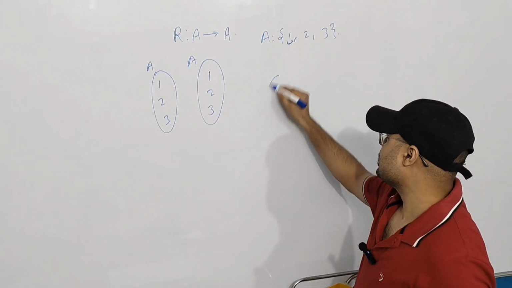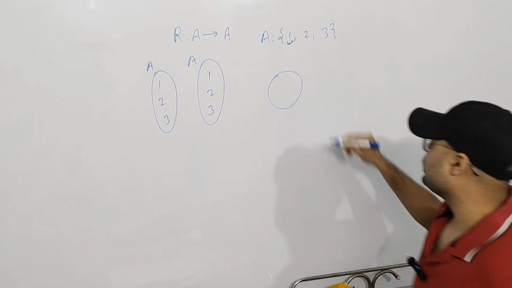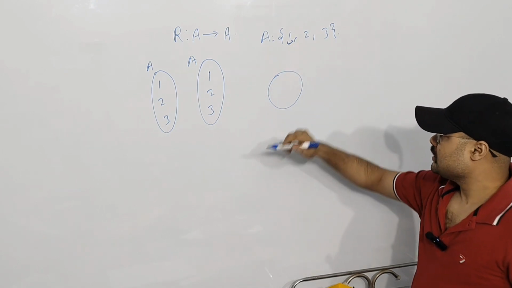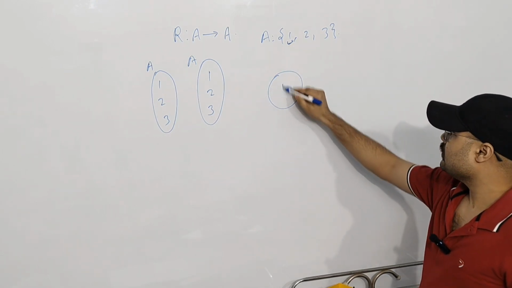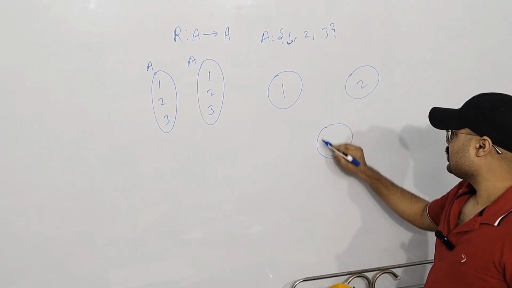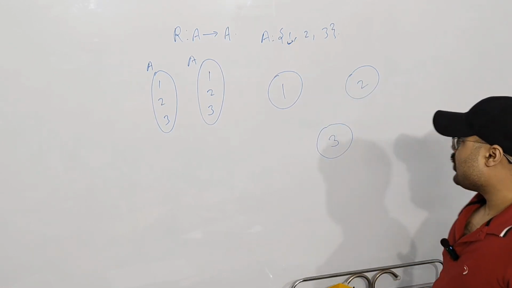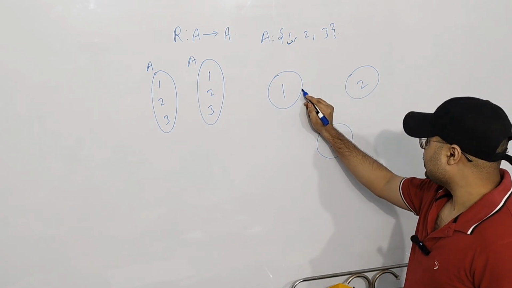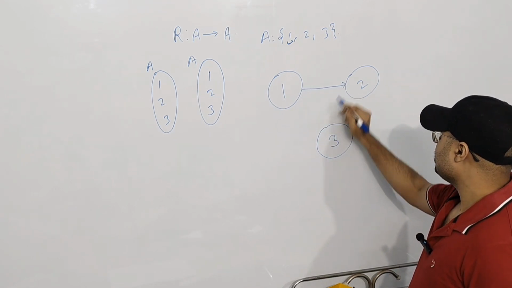First of all, if I give it as a graph, the vertices of the graph associated with any relation R will be nodes like 1, 2 and 3. Now let's say 1 is related to 2, then you will have a directed edge from 1 to 2.